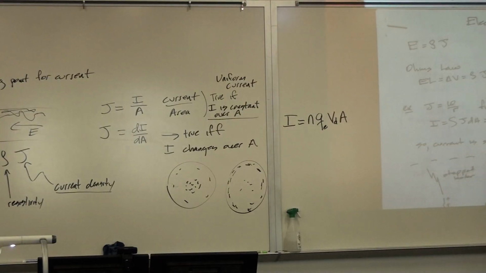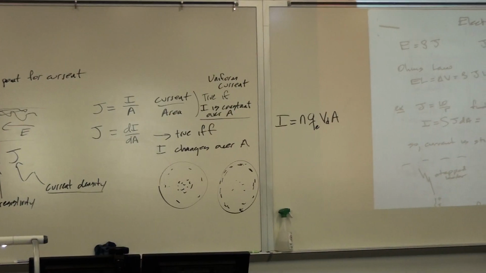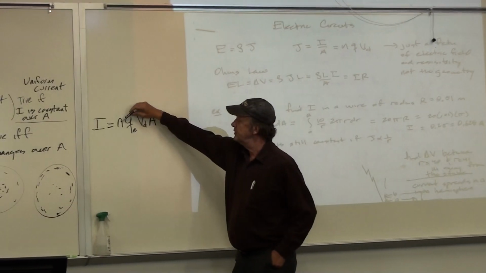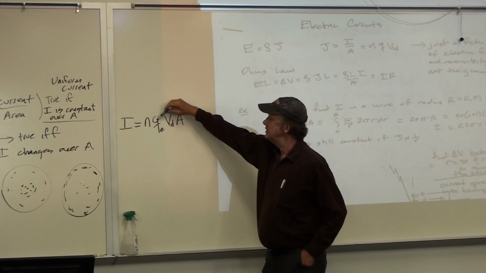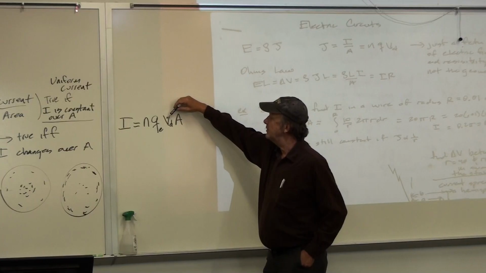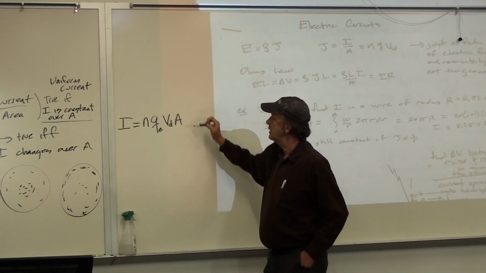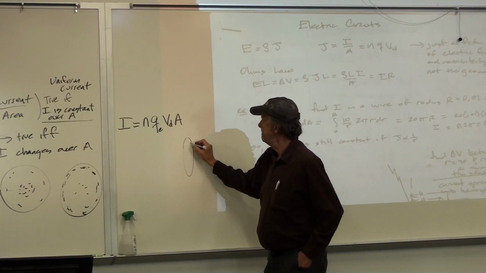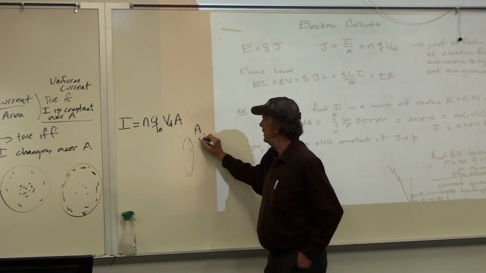Okay, so that was our description before for the current. This is the number of carriers per unit volume times the charge on each charge carrier times the average velocity of the electrons through the wire times the cross-sectional area of the wire. Cross-sectional area A.